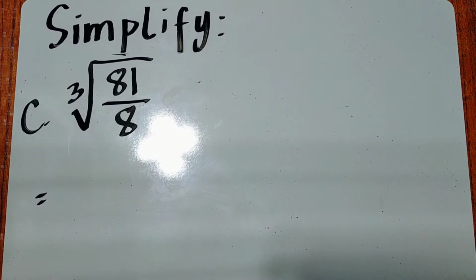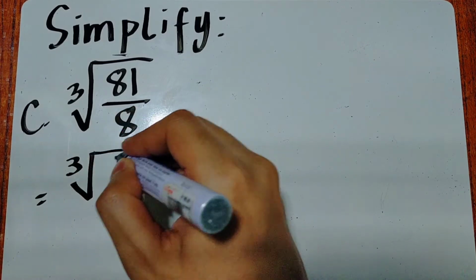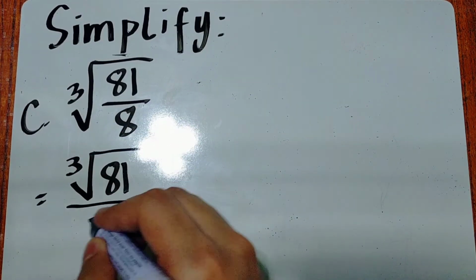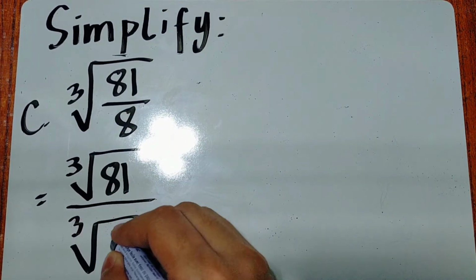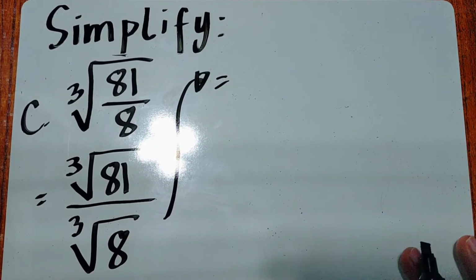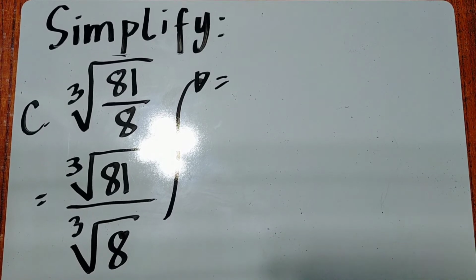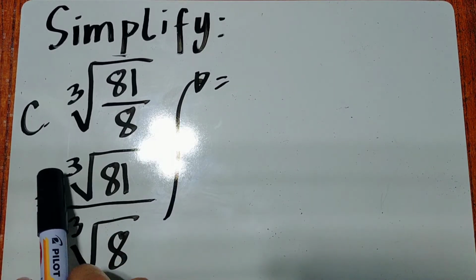Another example that we have here is letter C, the cube root of 81 over 8. So, ulit, paghihiwalayin muna natin sila. Next, hanapin natin ang factor ng 81, kasi alam naman natin that 81 is not a perfect cube. Hindi na perfect square ang hinahanap natin, perfect cube na.